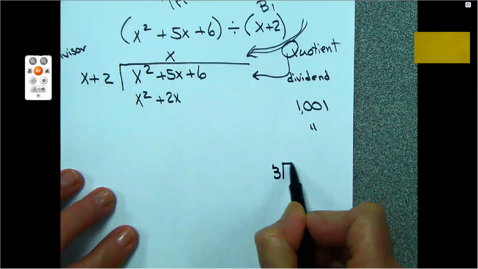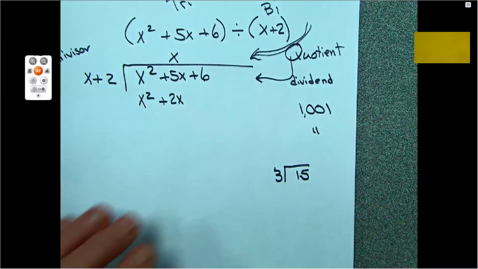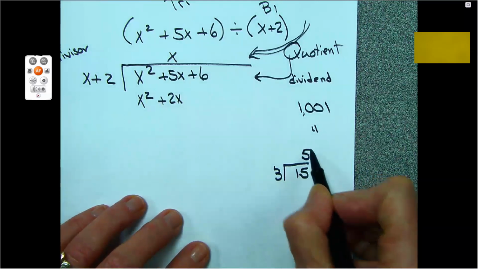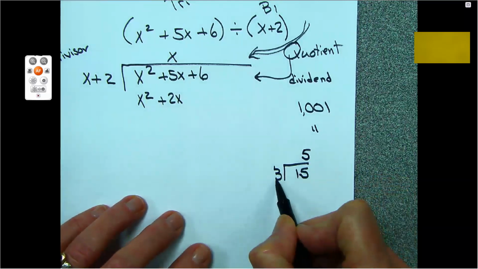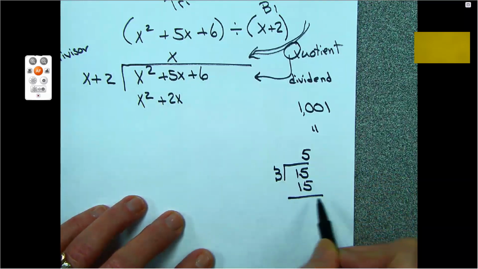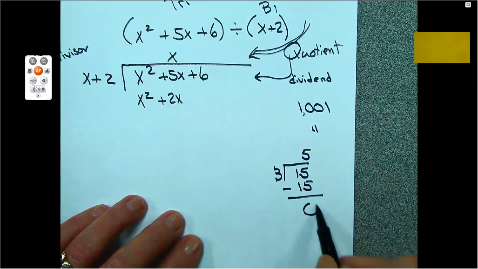Longhand division, 3 goes into 15, how many times? 5. 5 times 3 is 15. We draw our line and subtract, and we get 0 for our remainder.